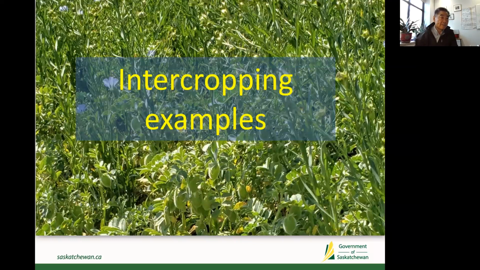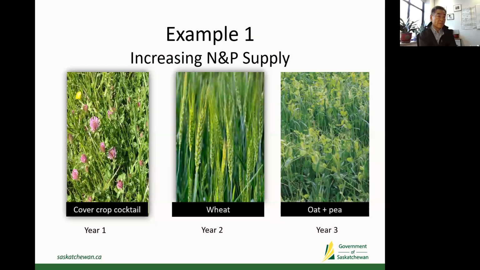Now, I will give you some intercropping examples. Example one is to increase nitrogen and phosphorus supplies. And the crop rotation could be like this. You always have a cover crop year. Year one, you grow cover crop, and year two, you could grow a crop that requires a lot of nitrogen.